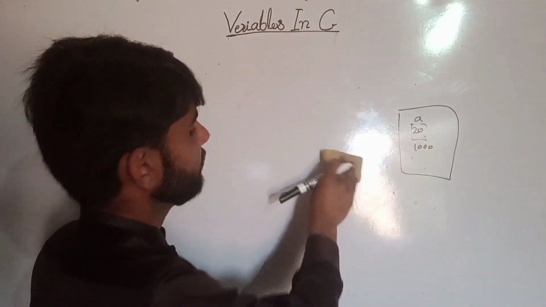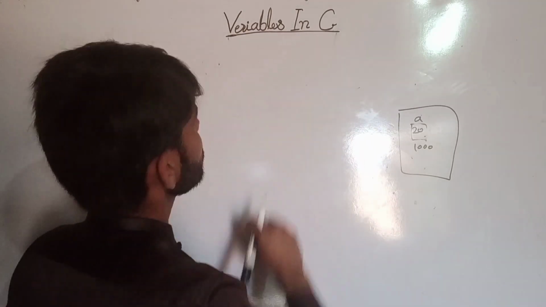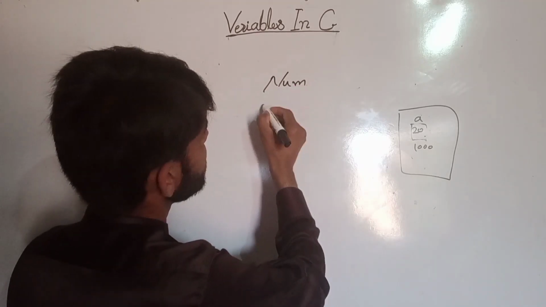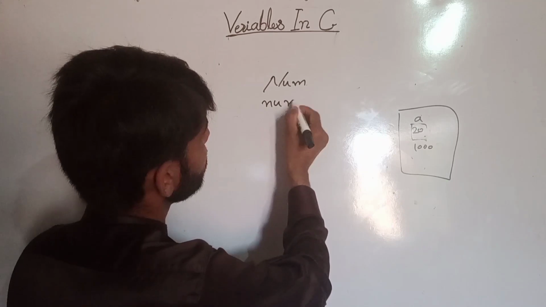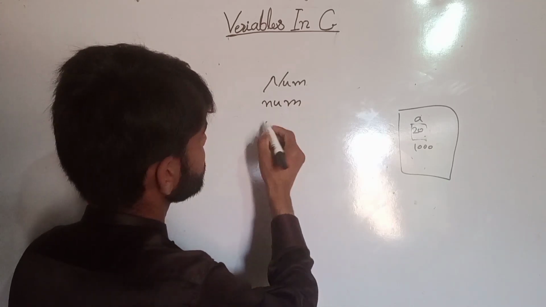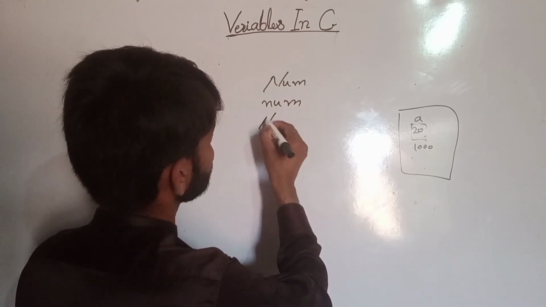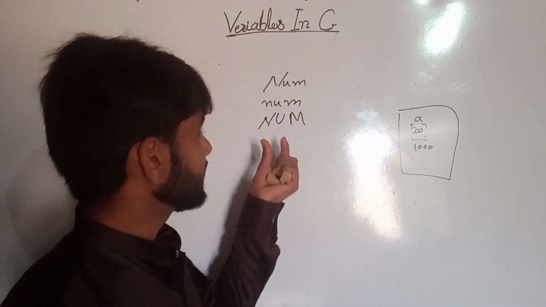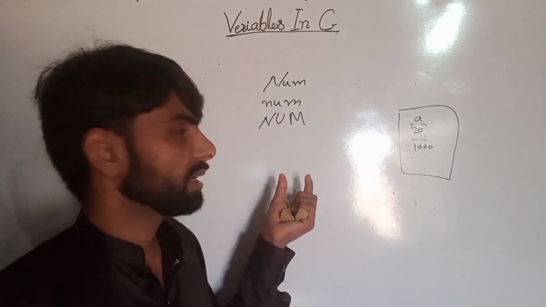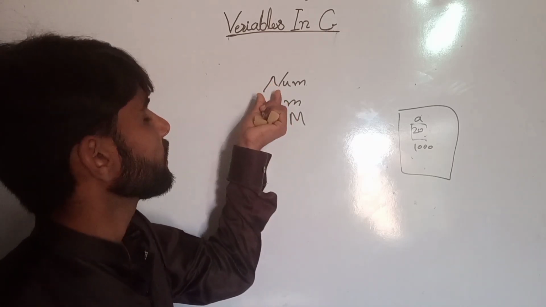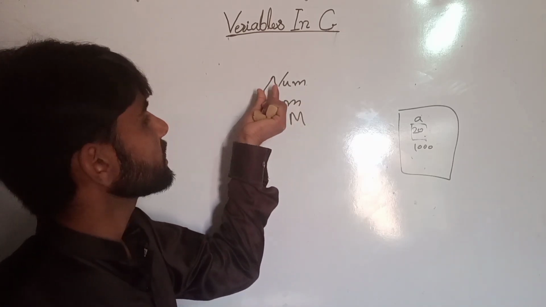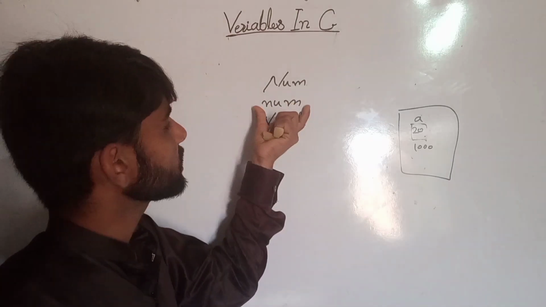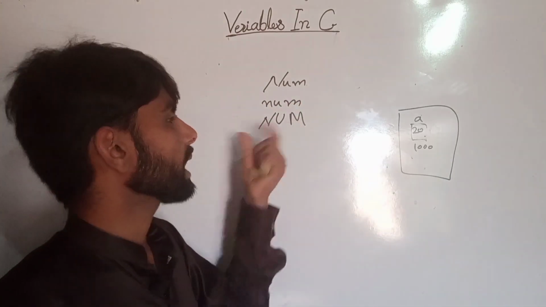Next, difference of the variables, right? If I write num, and also write num, and also write num, these are three different variables, because in the first variable the first letter is capital, here it is all small letters and here it is all capital letters.